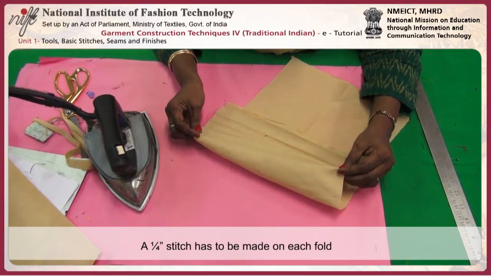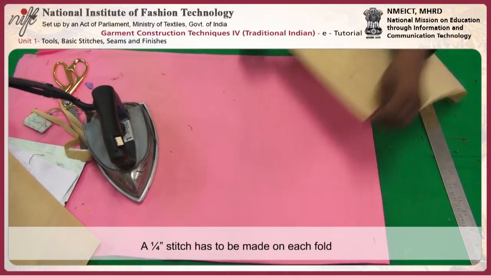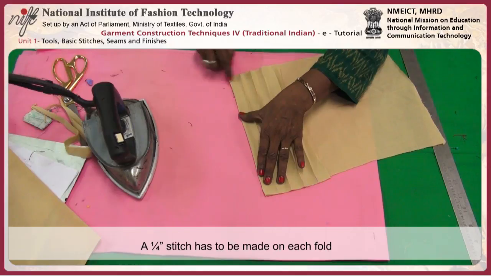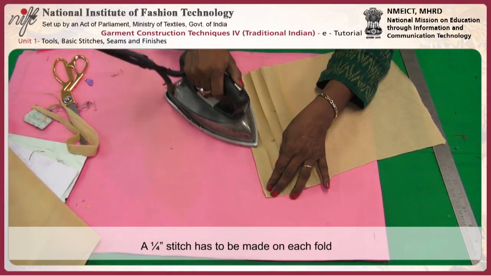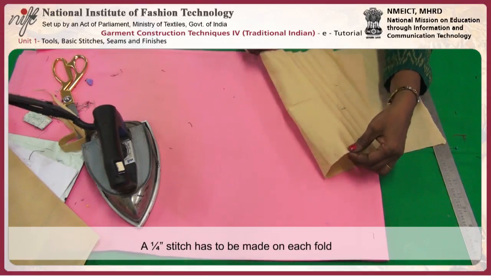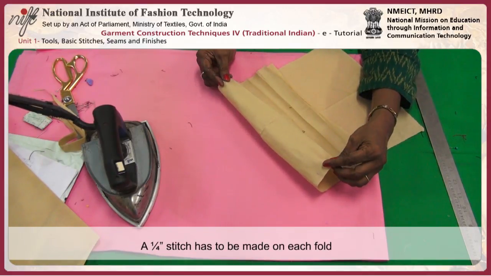Every 1 inch has to be creased and pressed, and the space between the presses has to be equal at 1 inch. Check that it is a parallel crease at 1 inch.